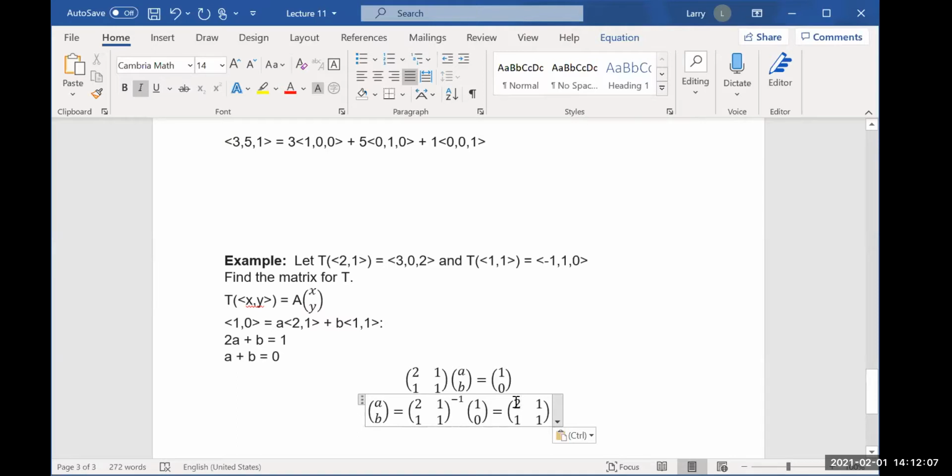The adjoint, if you remember, you switch the 2 and the 1. That becomes a 1. This guy becomes a 2. And then you make the others negative. Remember doing that? And then times (1, 0). Any questions on that?